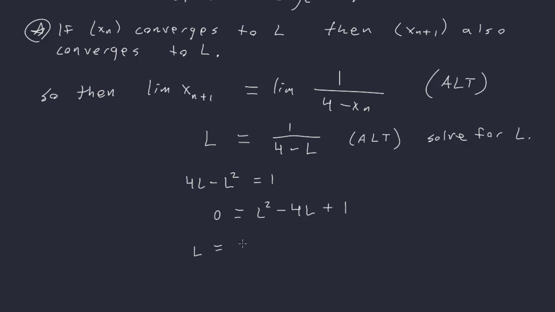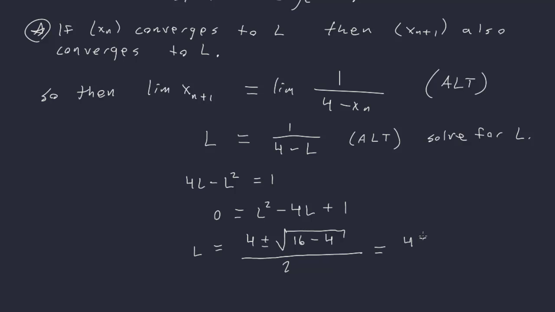L is going to be negative b, so that will be 4 plus or minus the square root of b squared, 16, minus 4ac, so a and c are both 1. Okay, and that's going to be all over 2a.